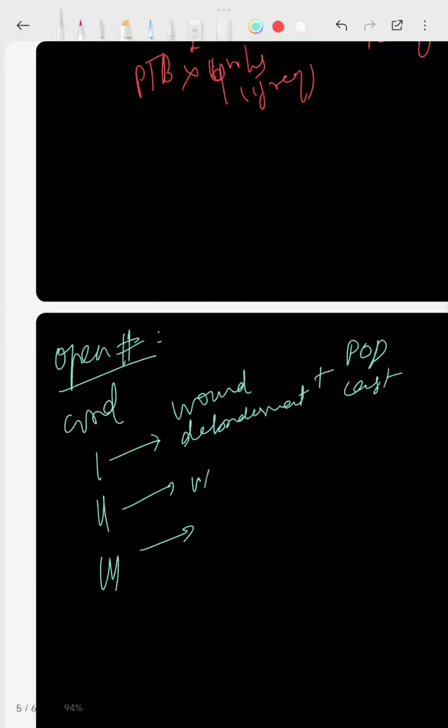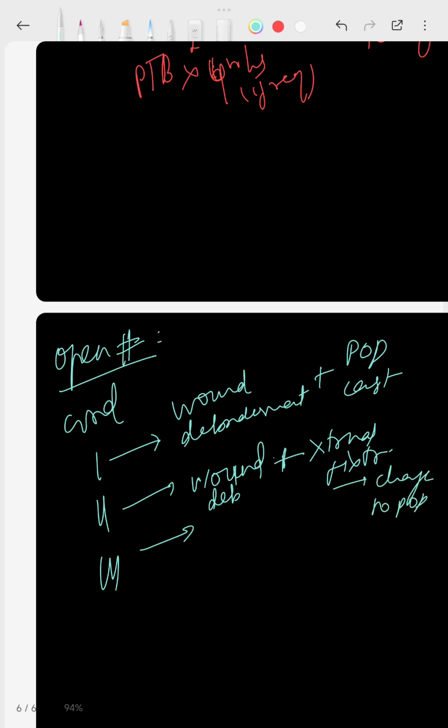Grade 2 is wound debridement with external fixator, and change to POP once it heals.